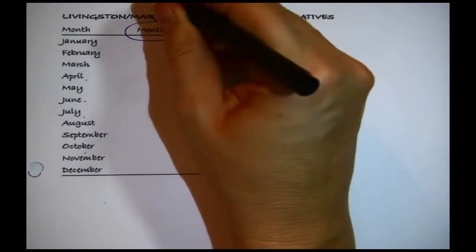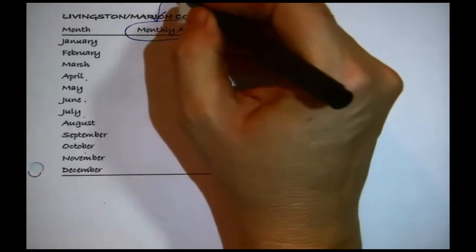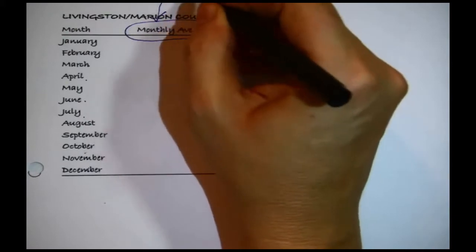Take the average from the historical data and divide by the average of the averages.